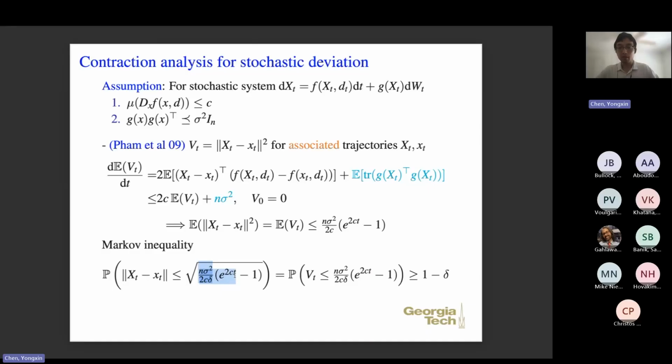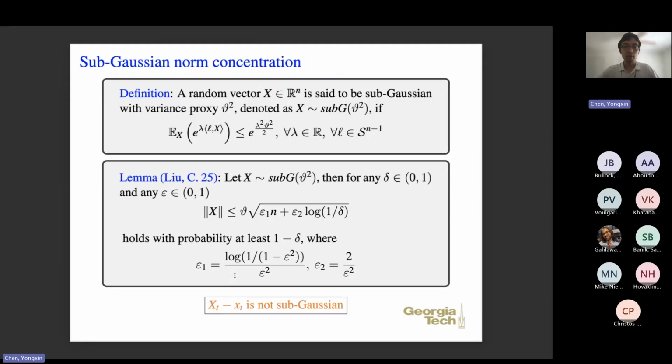And what we did, you can imagine, is to ensure the random variable. So basically what we establish is that Xt minus x̂t is a relaxed sub-Gaussian. This relaxed sub-Gaussian means we not only control the first order, second order moment, we also quantify the high order moment.